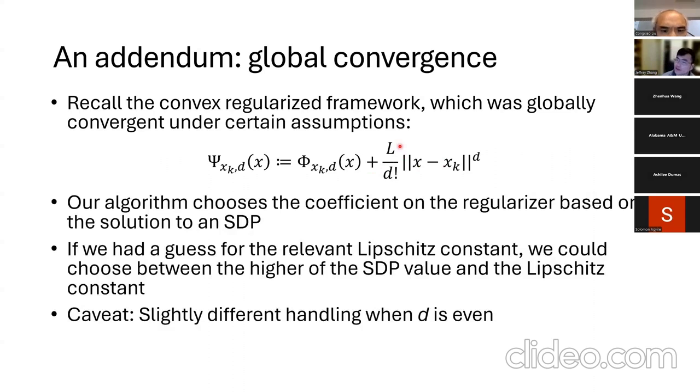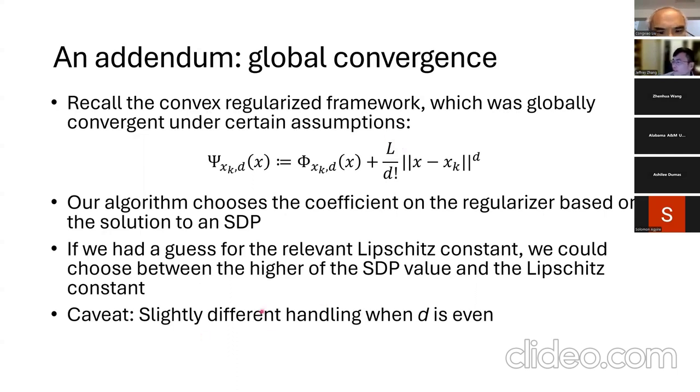Of course, in our algorithm, you picked this coefficient based on the solution to an SDP. If we knew what Lipschitz constant to use, we would just take whichever is higher between what our SDP told us to use and the Lipschitz constant that we knew.